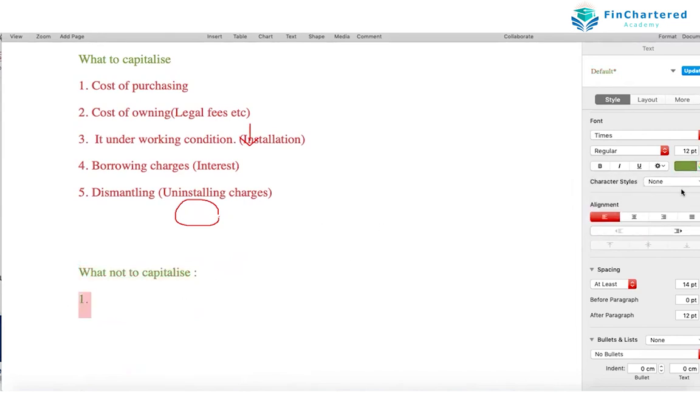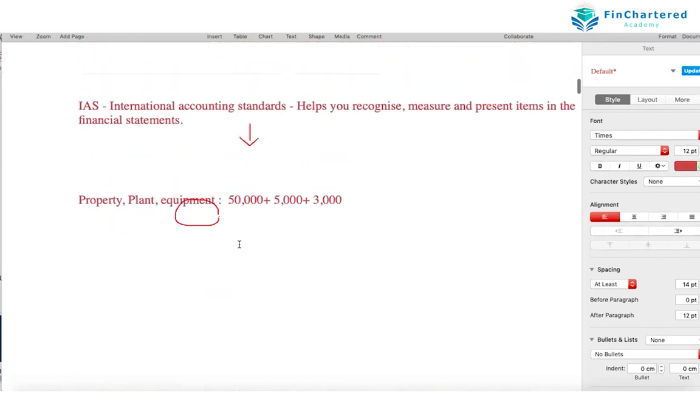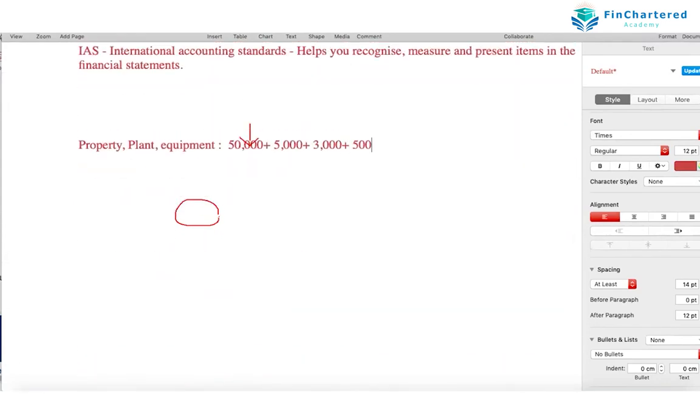Correct? Suppose there was an electricity bill of 500 rupees. Will you go back and say, oh, now my AC is worth extra 500 rupees? Yes or no? Yes, the electricity bill we will not consider. This is an expense of running the asset, not of owning it or bringing it under working condition.